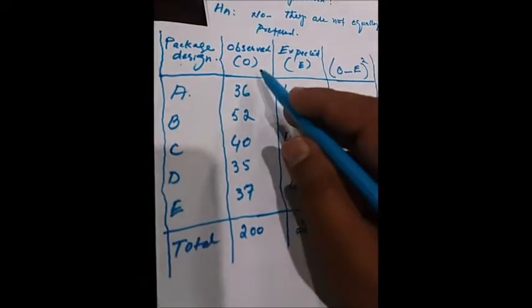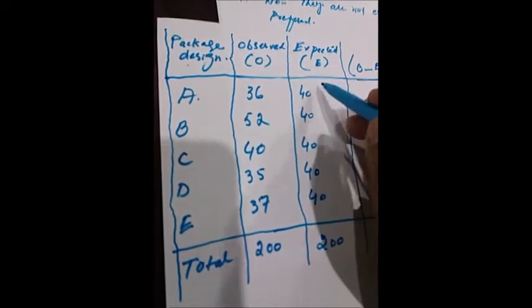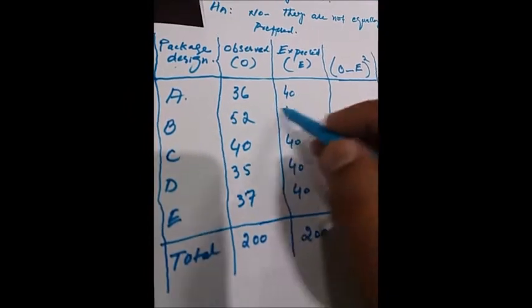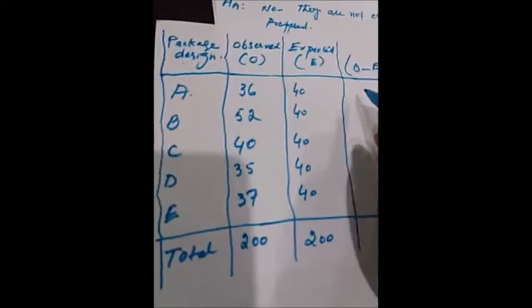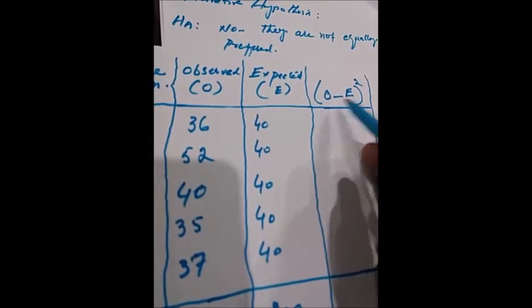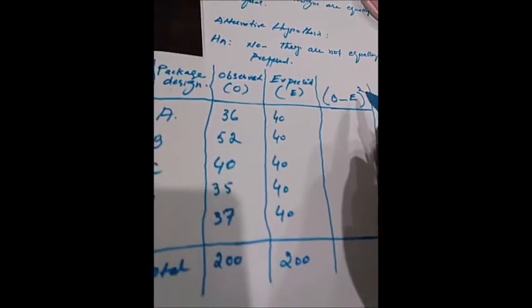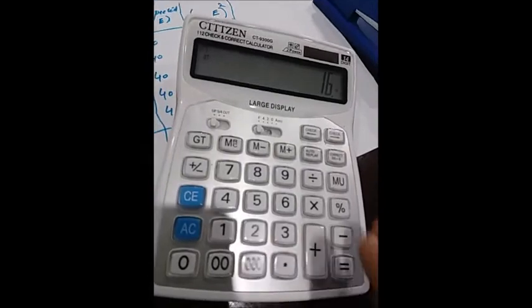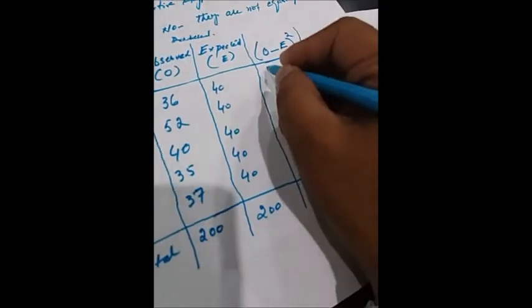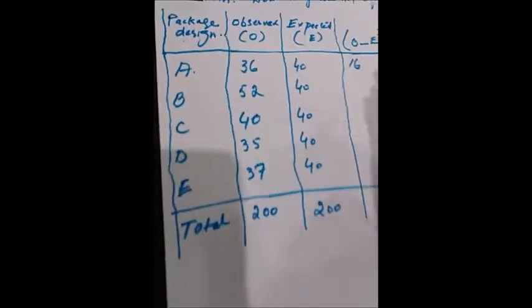So observed value is 36 and expected value is 40. 36 minus 40 is minus 4. Minus 4 whole square, 4 square is equal to 16. You must ignore the sign, either minus or plus; this must be ignored in this situation.